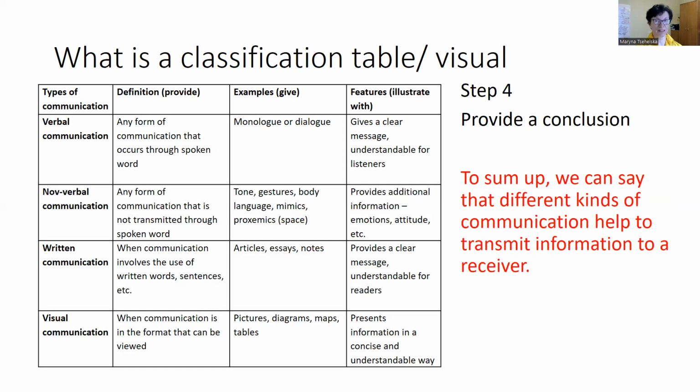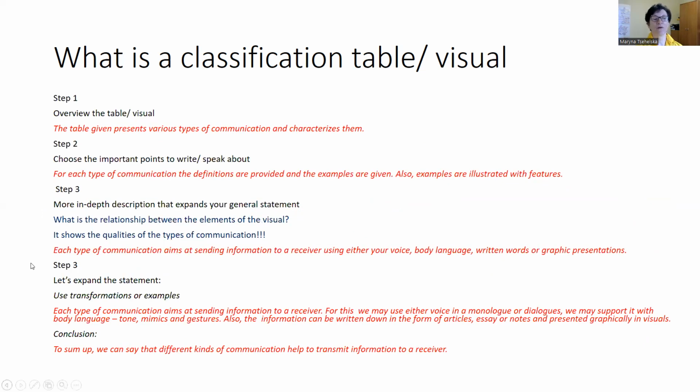So let's see what we've got. Here in red, there will be our very, very simple description of the table. The table given presents various types of communication and characterizes them. For each type of communication, the definitions are provided and the examples are given. Also, examples are illustrated with features. Each type of communication aims at sending information to a receiver using either your voice, body language, written words, or graphic presentations.